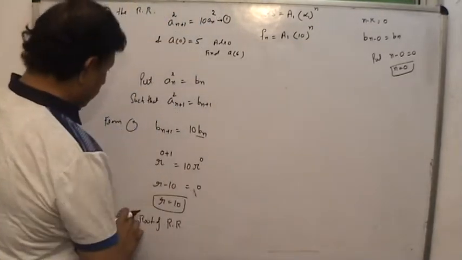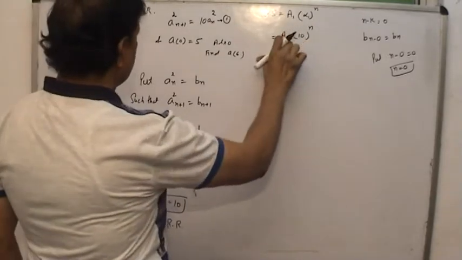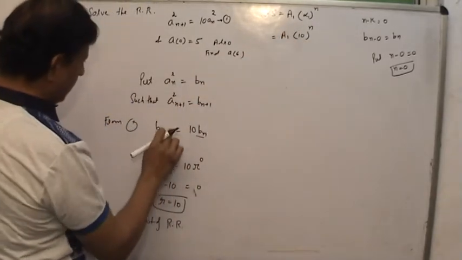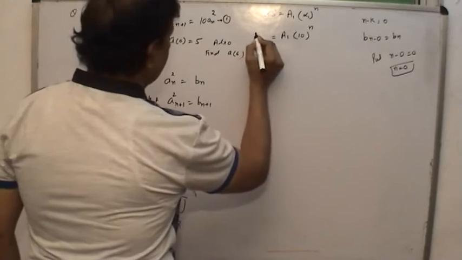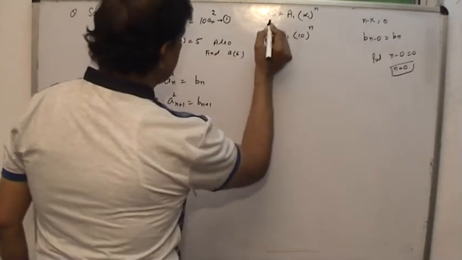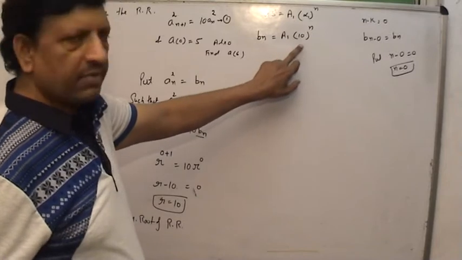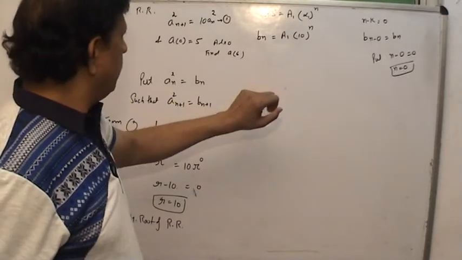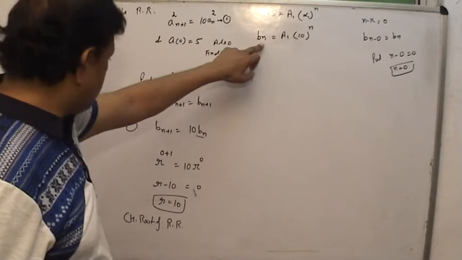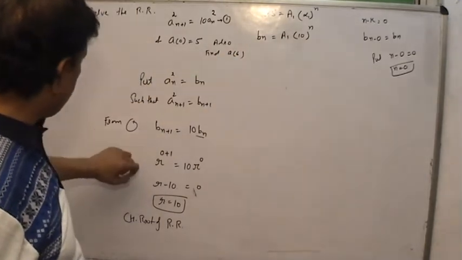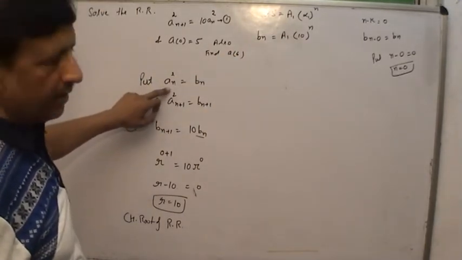Now here for fn we have the term an, replaced by bn. It means we write the general solution bn is equal to a1 10 raised to the power n, because of the replacement of the term a square n.